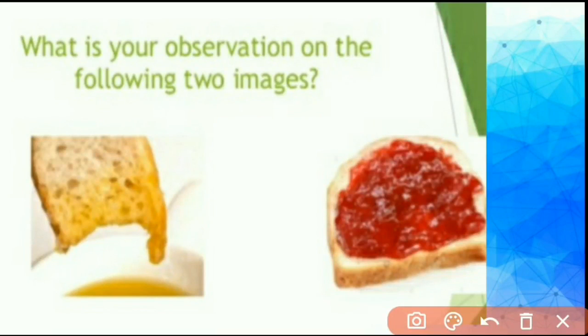What is your observation on the following two images? In the first image, we can see that a bread slice is dipped in tea and the tea is absorbed in the whole area of the bread slice. But in the second image, we can see that jam applied on a bread slice accumulates only on the surface area and interface area.